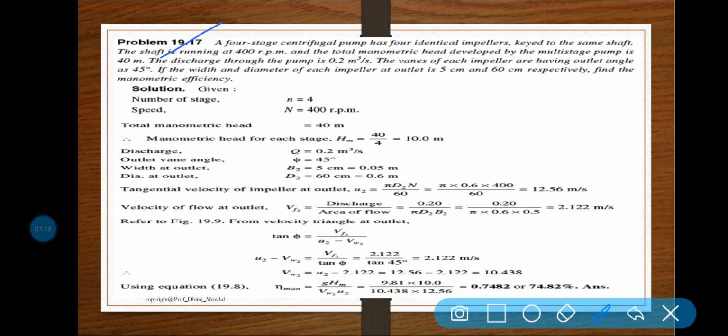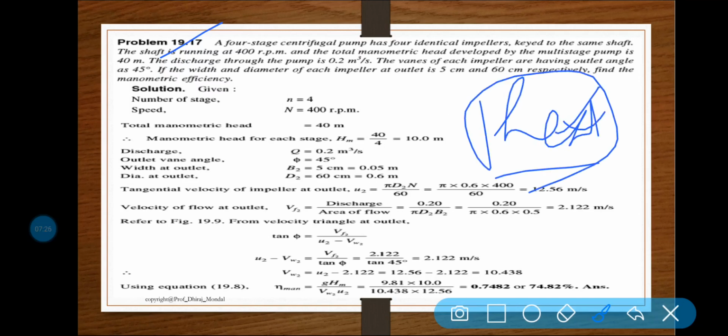Multi-stage centrifugal pump, developing head in series, that means the same shaft is used. So here the total head is equal to n into Hm. Clear?